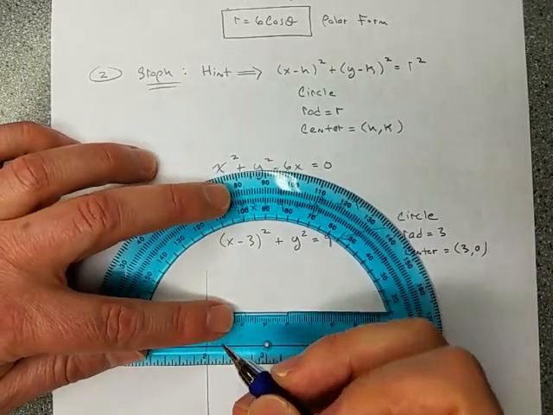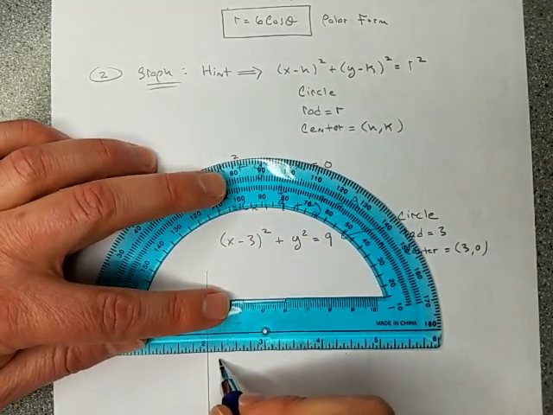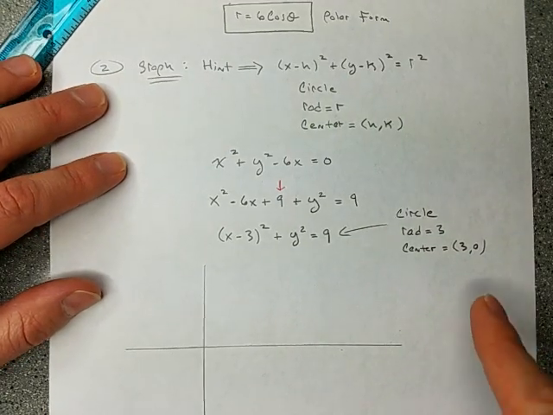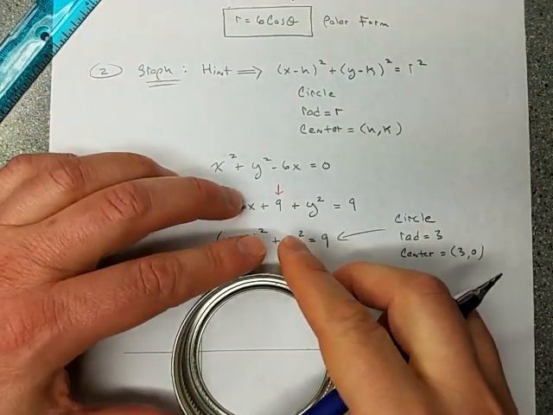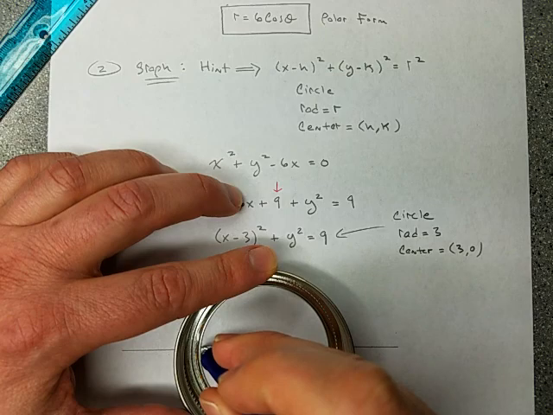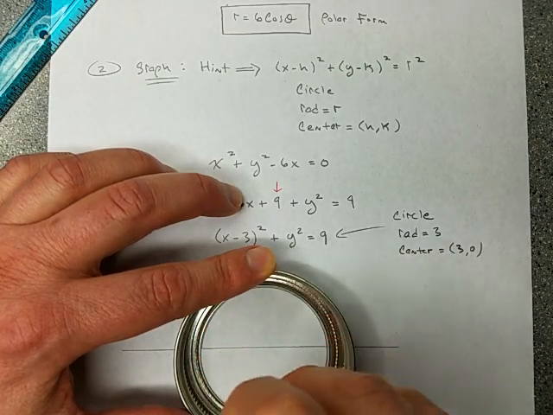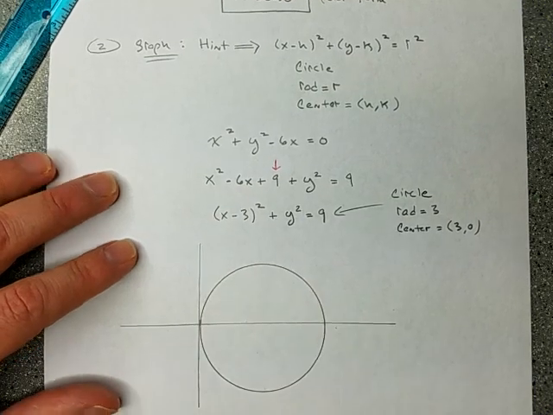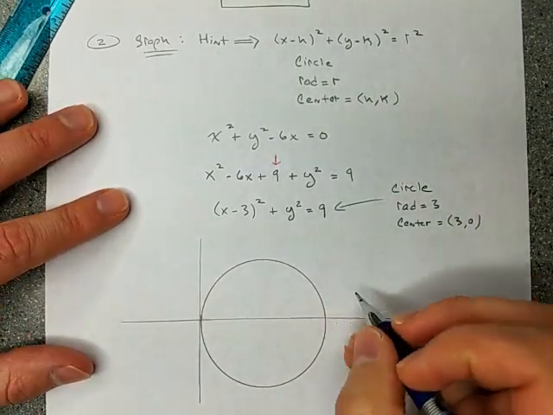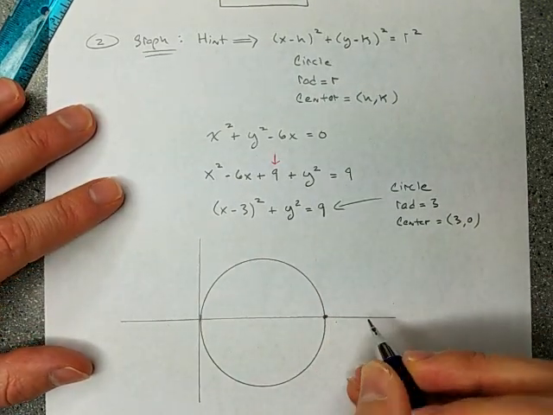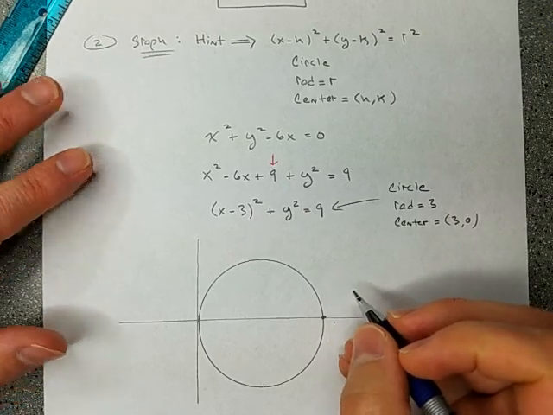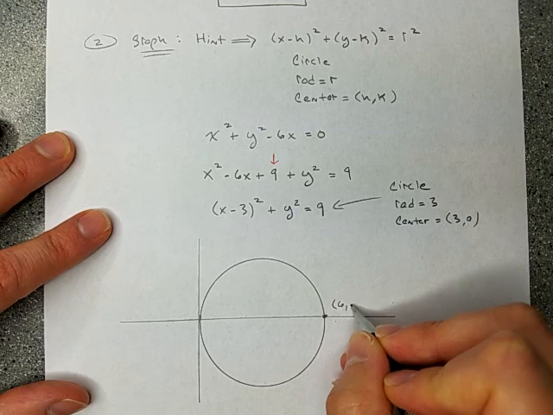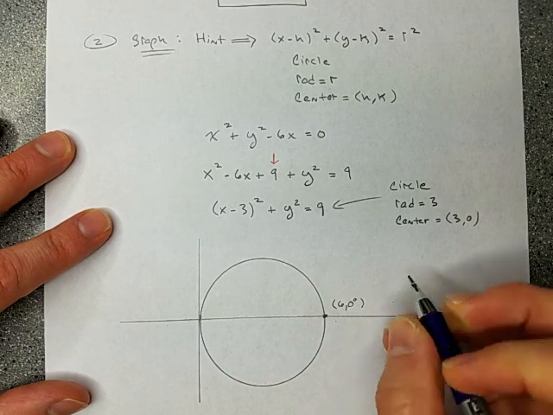Imagine that I've got this graph. A circle with center (3, 0) and radius 3 is going to look something like this, with the origin right there. And this point is going to be (6, 0), which is 6 for r, 0 degrees for theta.